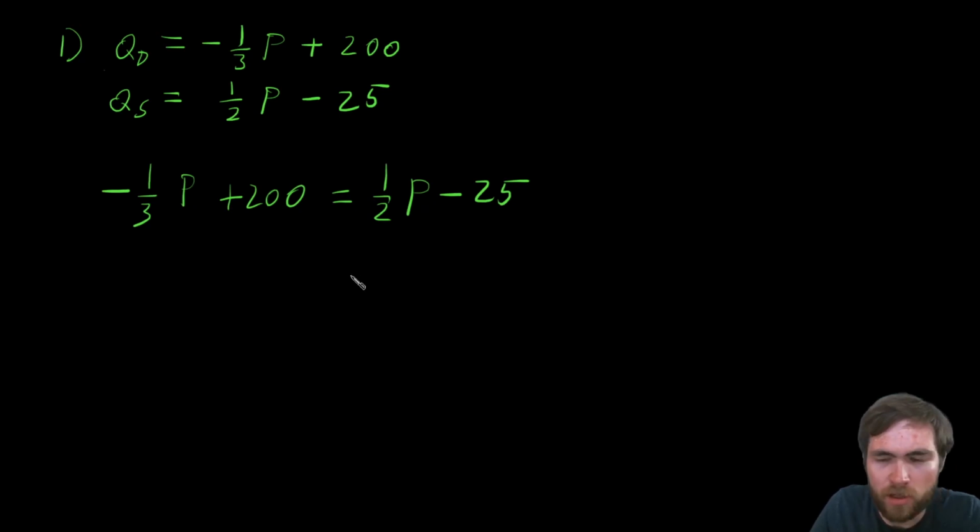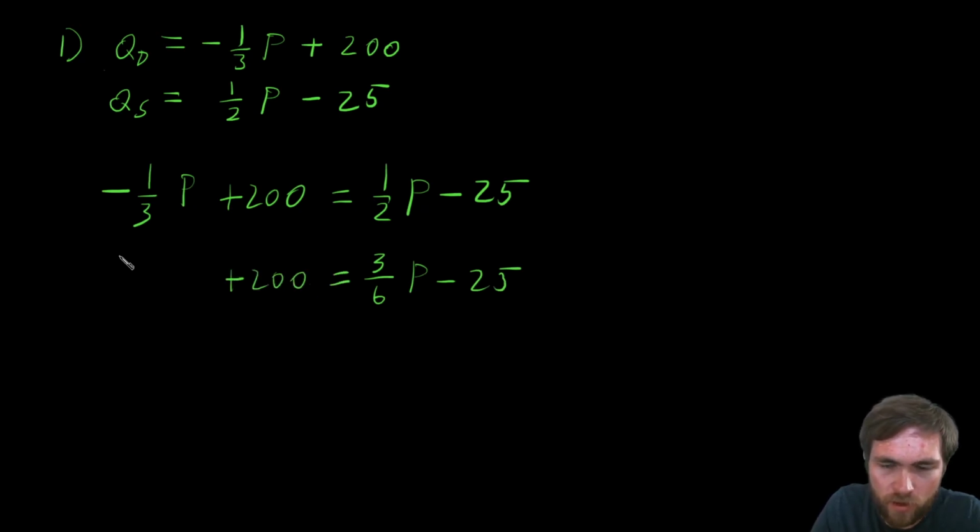We'll have to create common denominators here. So let's call this 1/2, 3/6 P minus 25 plus 200. And then this will be negative 2/6 P. So that we can easily add and subtract them.